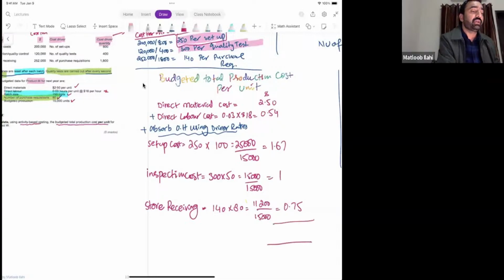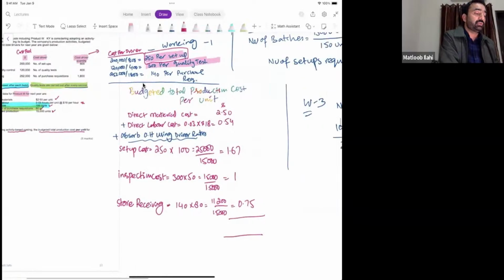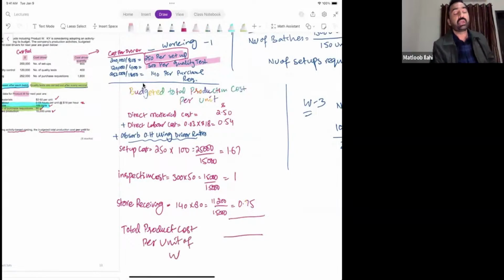And now you can calculate the product cost per unit. Total product cost per unit of W. What is the product cost per unit for W? Can you please quickly calculate? This is a good example where you can be tested, and normally students struggle in these.